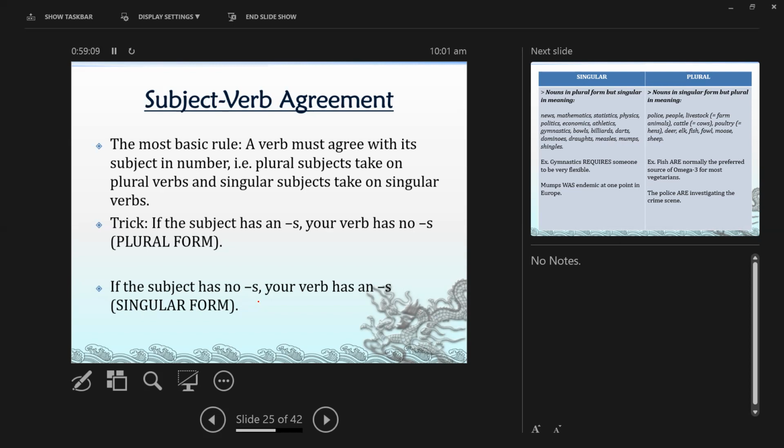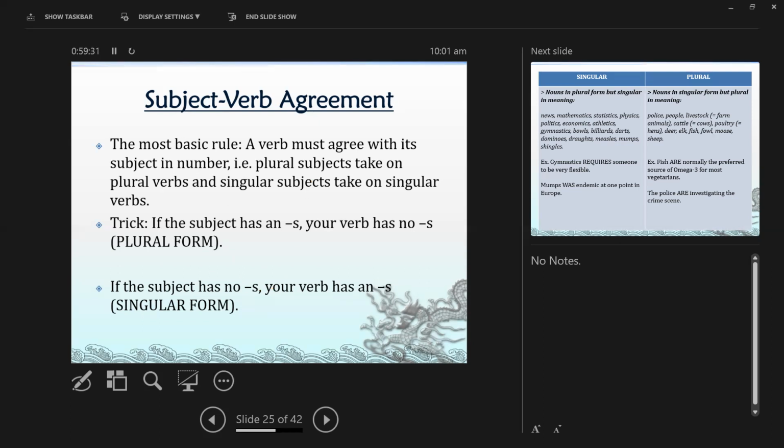Anna and Bob love banana cake because the subject became plural, so the verb becomes plural and removes the S. Okay? It's a very basic rule. But then there is in English, there's always an exemption to the rule. And that's what we're going to talk about right now.